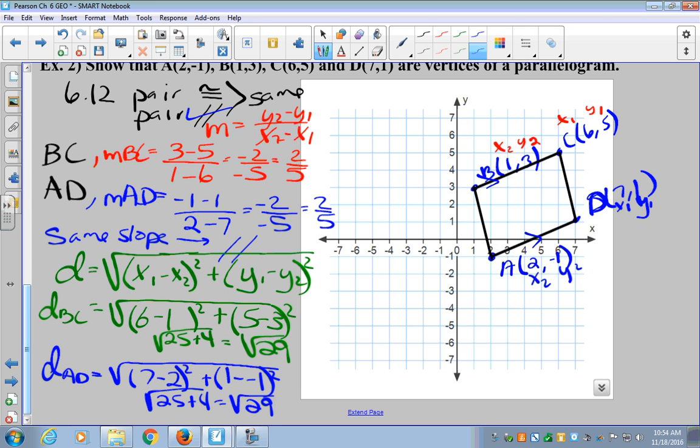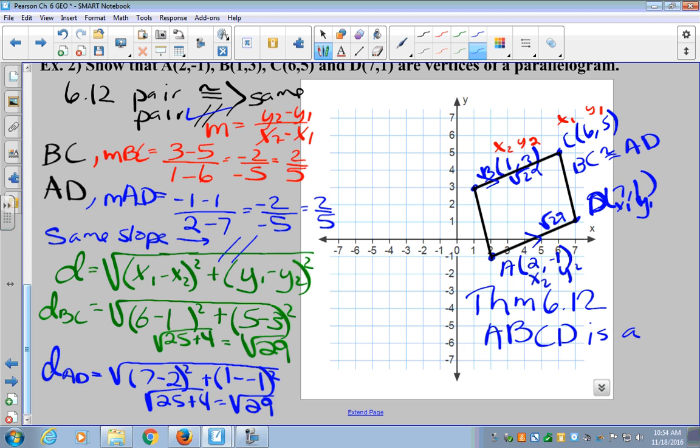We know that the distances are both square root of 29. And so BC is congruent to AD. And by theorem 6.12, ABCD is a parallelogram.